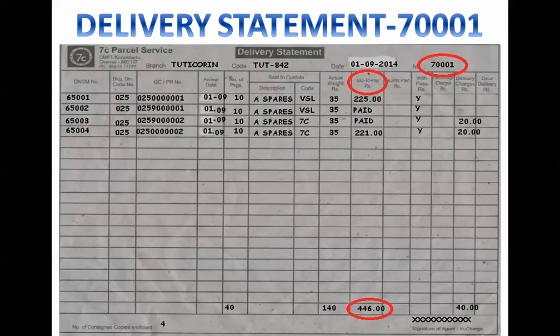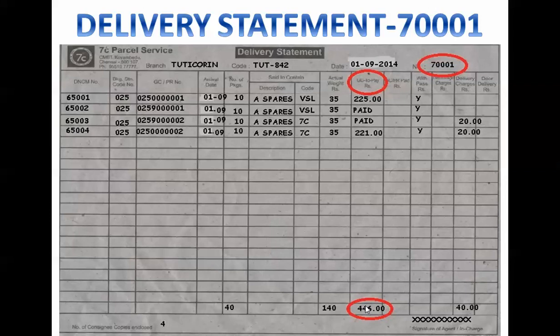First, as I told you, you'll have to go through the delivery statement. Take the delivery statement 70001 dated 19. You're preparing the DCR for 19, so the delivery statement of 19/2014 has to be taken. Here in these red circles, it has been highlighted. Those are the figures that you need to take.